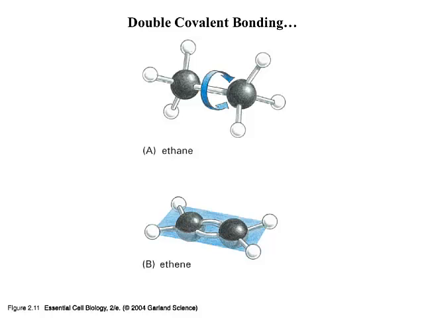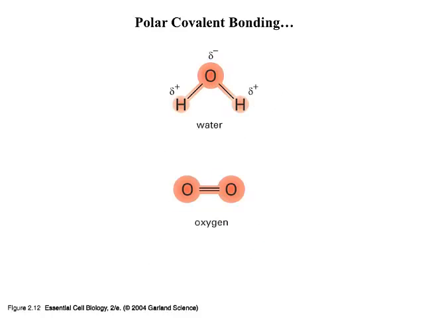They can pack in really tight and they're solid at room temperature, whereas the unsaturated have that little kink from their double bond somewhere in the fatty acid chain, right? That doesn't let things pack in quite as well, and so they tend to be liquid at room temperature. So we already went over the polar covalent bonds of water.